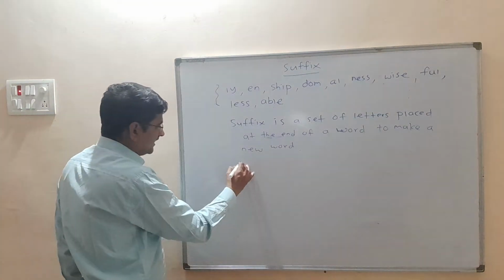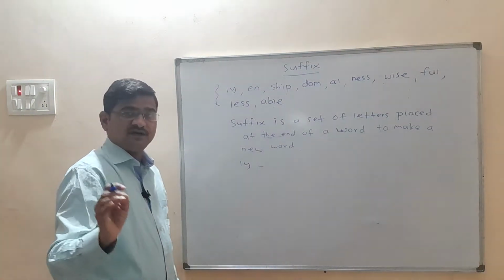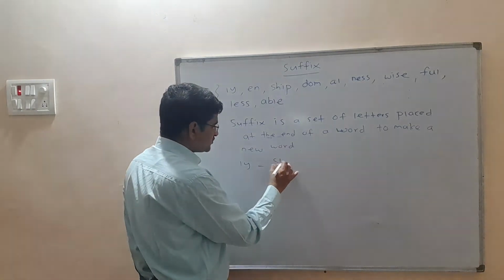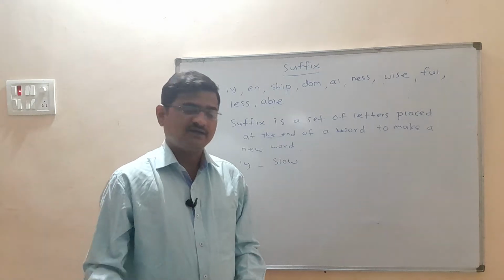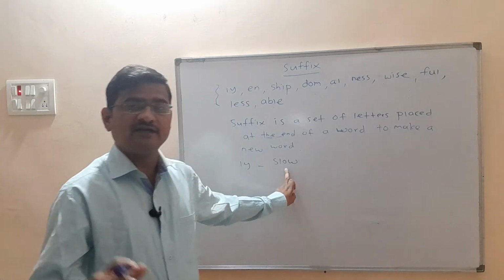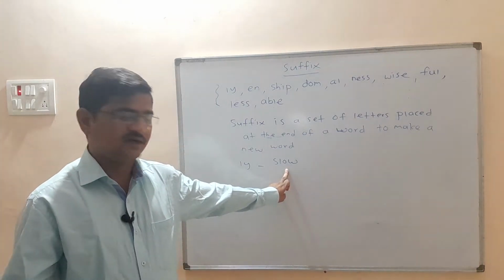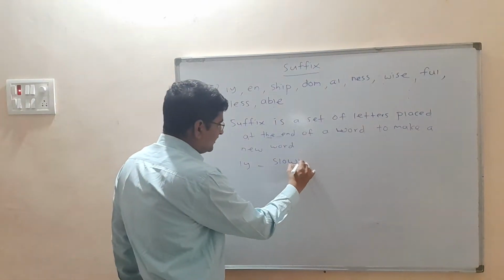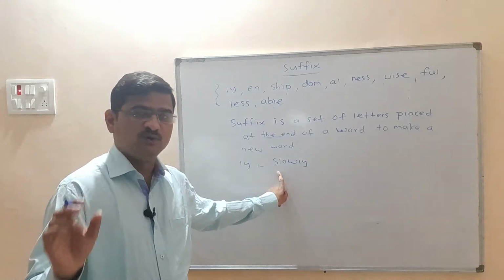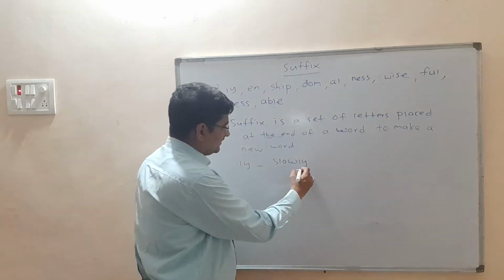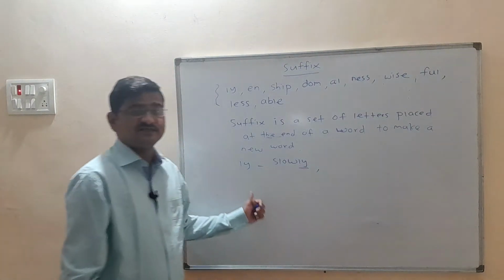First one is ly. The word is slow. We can add the suffix ly to this word and create a new word. Slow, we can add ly. So, the newly created word is slowly. So, ly is an example of a suffix here.